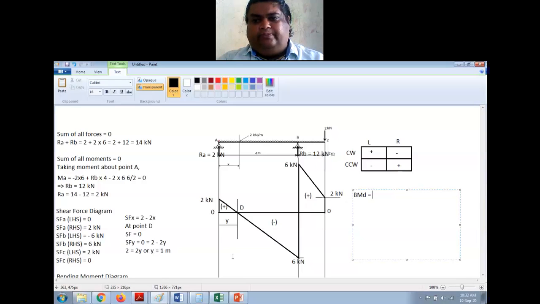I have found it here. I'll take the left side because it is small. So 2 into the length, which is 1 meter, minus the intensity 2 into 1 into 1 by 2.